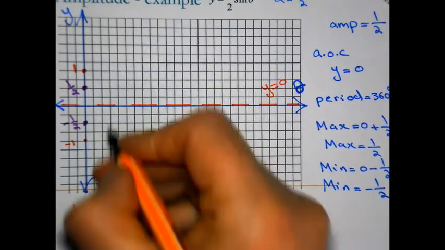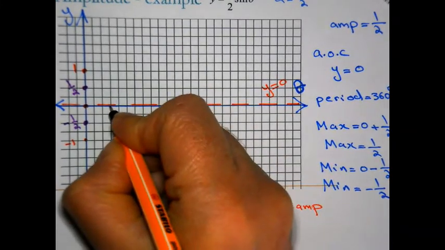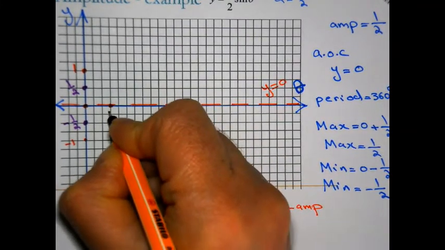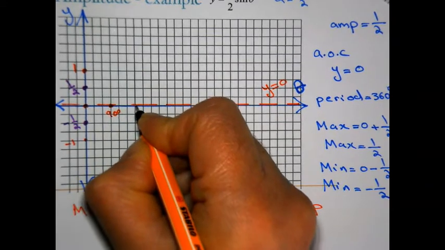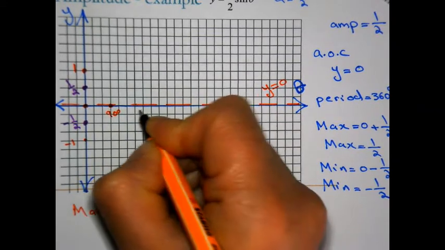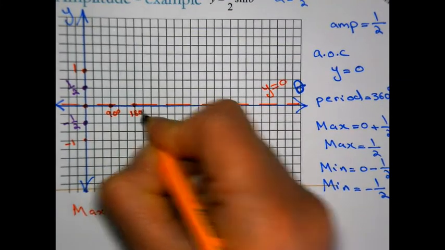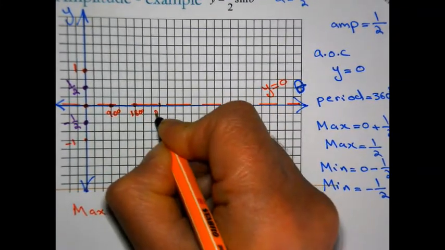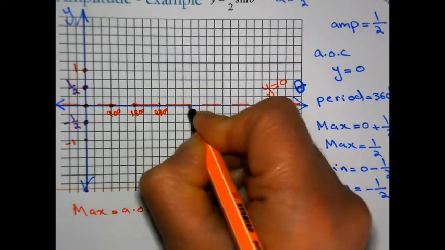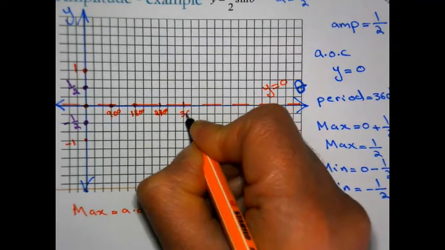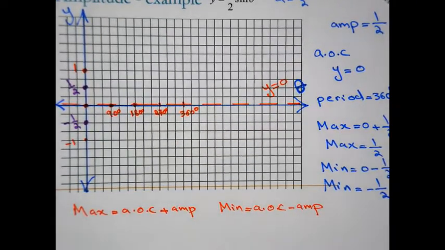We just have to put our key points here. So 0, 90, 180, 270, and 360, because a period has not changed.